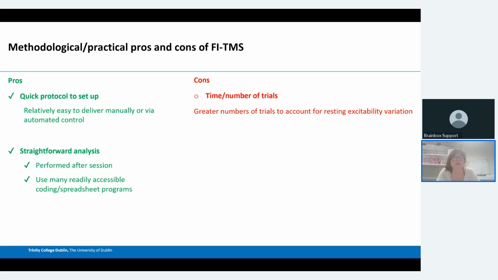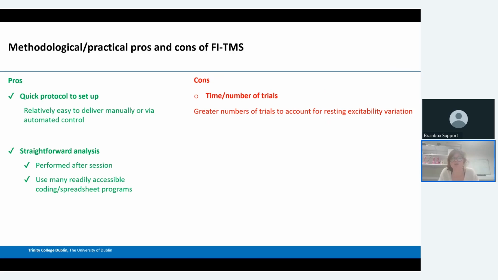So if you apply the exact same TMS pulse to the motor cortex 5 times in a row, you're going to get 5 different size MEPs, because the cortex is always fluctuating in excitability to some degree due to your brain doing its job.